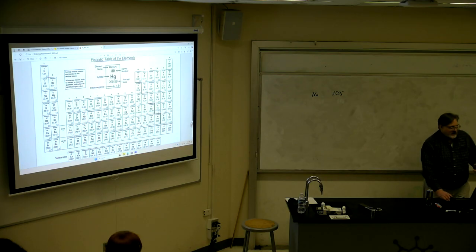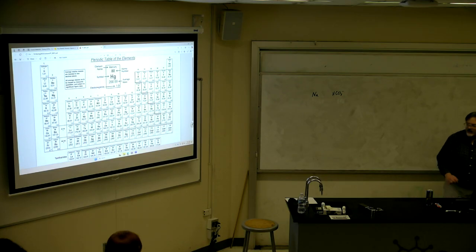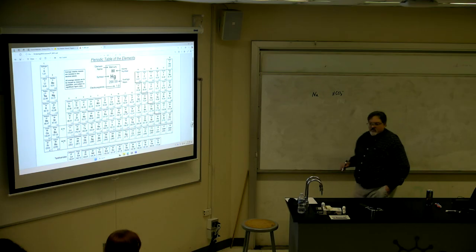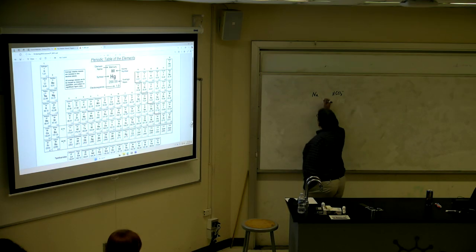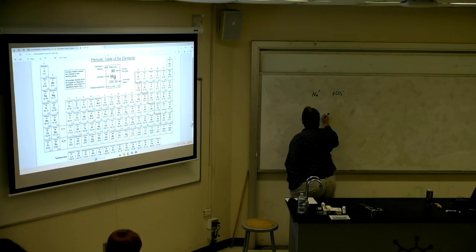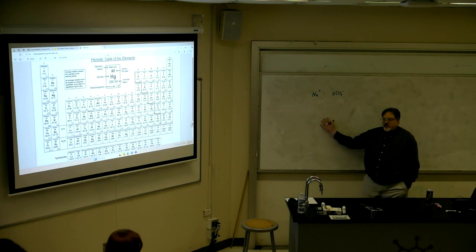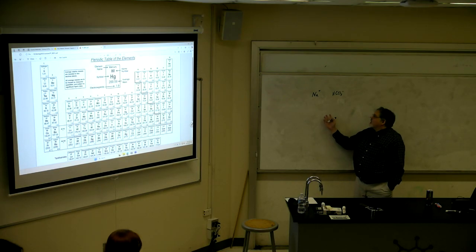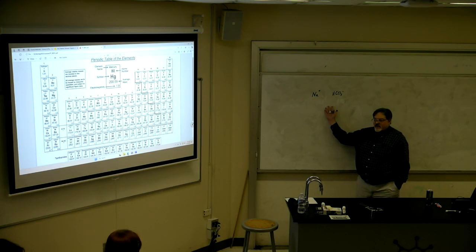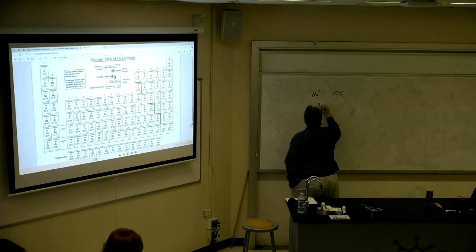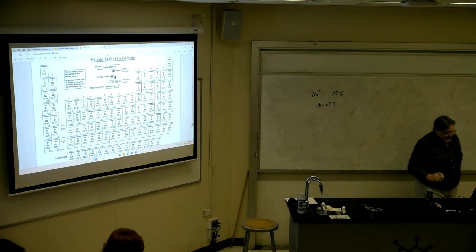There's sodium. And you get the charge from sodium by looking here. So what's the charge on sodium? 1. So those are the two ions I have to bring together and make a compound. They balance as is. Does that make sense? So you could just write the formula. That's easy.